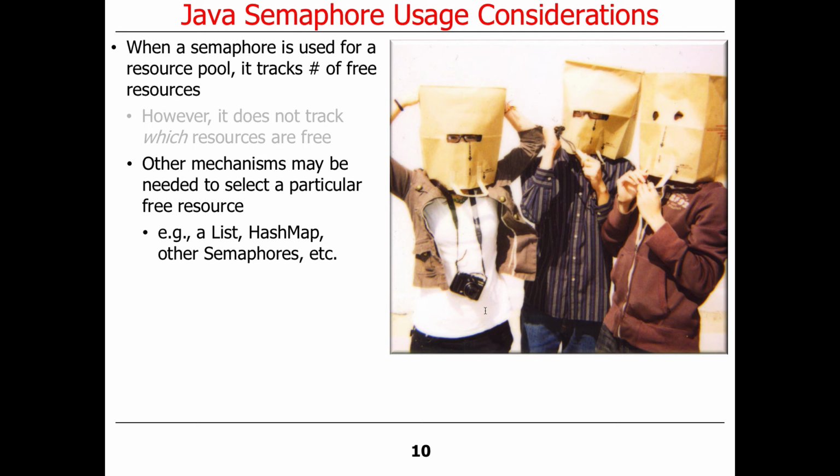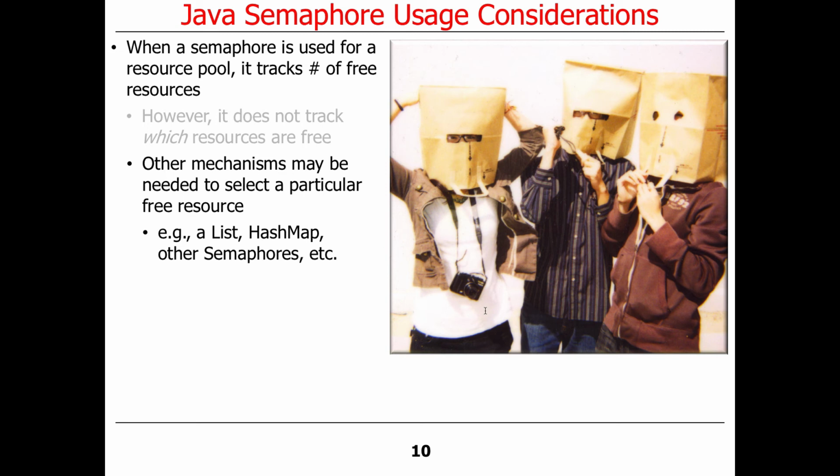In fact, it turns out that the semaphore isn't even protecting the hash map. The hash map needs to be protected from concurrent access. Why? Because if the permit count of the semaphore is, say, 5, then if multiple threads come along, let's say 4 or 5 threads, as long as they're less than or equal to the count, all of them will be able to concurrently descend into the critical section.